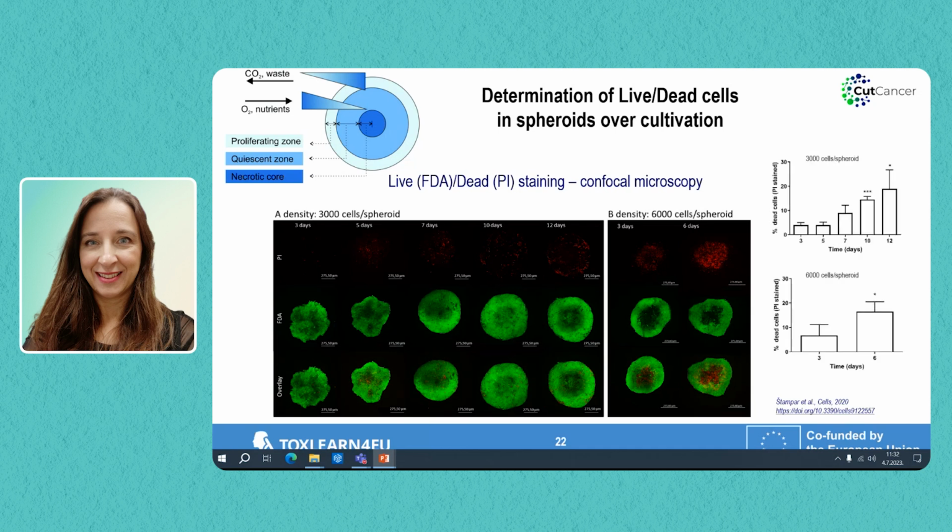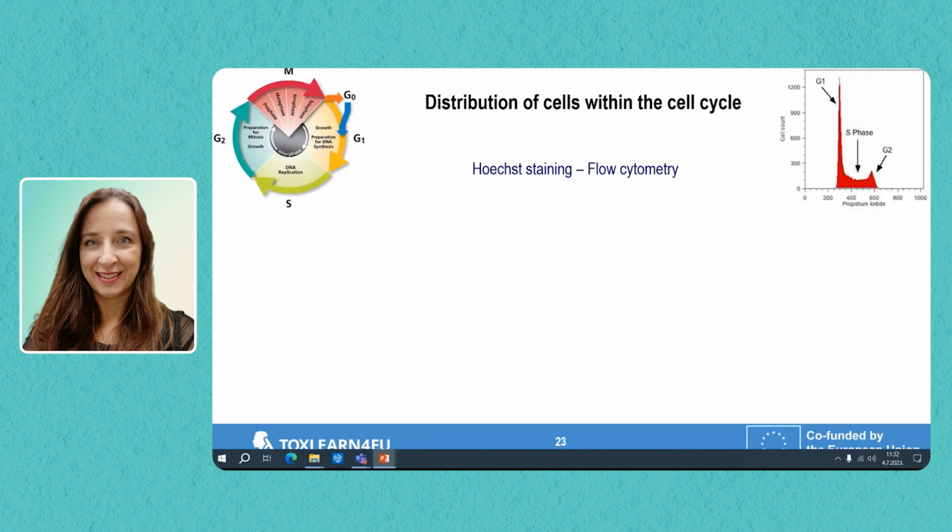When we measure the fluorescence, we see that in the small ones, up to 12 days, there were less than 20% dead cells. While in the 6,000 initial density, already after 6 days we have like 20% dead cells, but this is still not much. So every model has to be optimized before it is used.